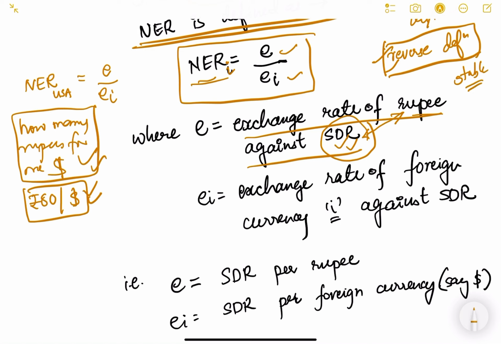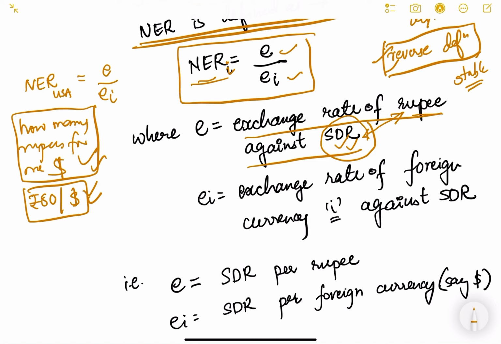Because we have to look at the nominal exchange rates of India with respect to so many of our different trading partners. For example, we have to look at nominal exchange rate of India with USA, with UK, with Japan, with Singapore, with Australia, with France. So what basis will we look at? Those countries' exchange rates are also fluctuating with respect to the US dollar, and also with respect to each other.